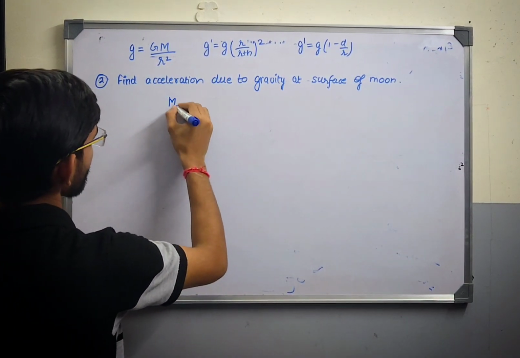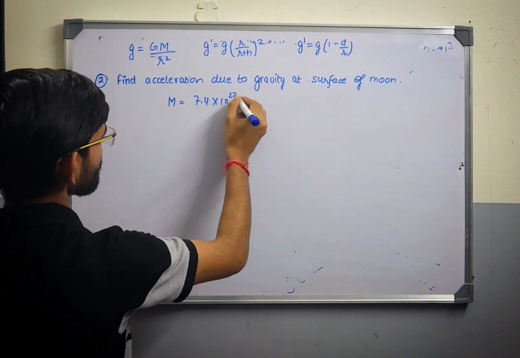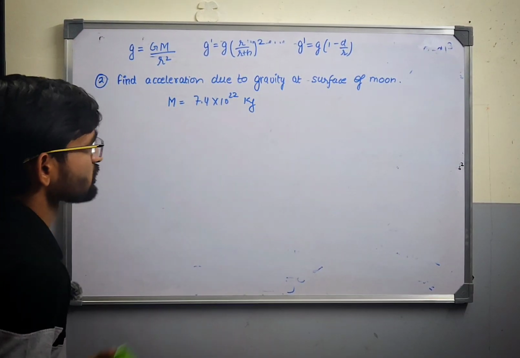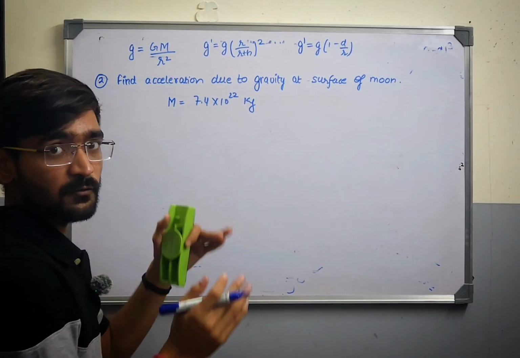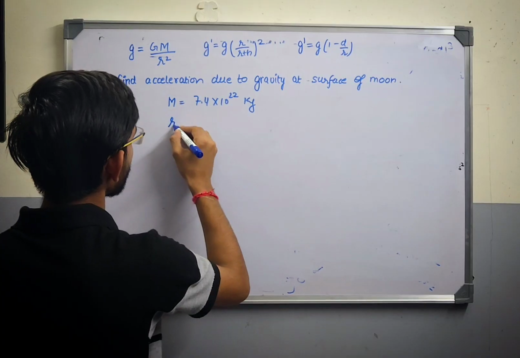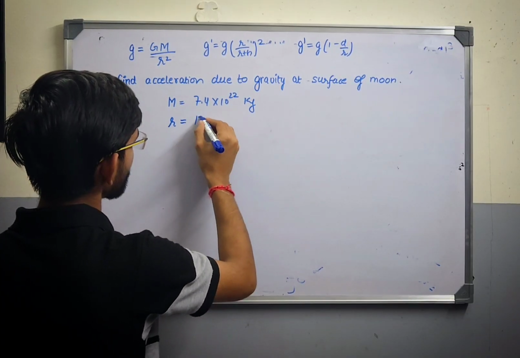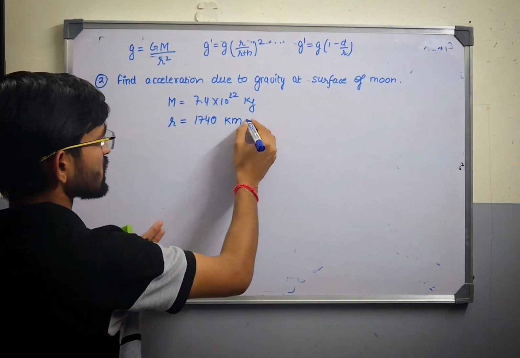Given the mass of the Moon is 7.4 × 10^22 kg. I am not sure this is the exact number, so I am just telling you the way how you can solve such questions. And the radius of the Moon is something like 1740 kilometer, and you have to convert this into meters.